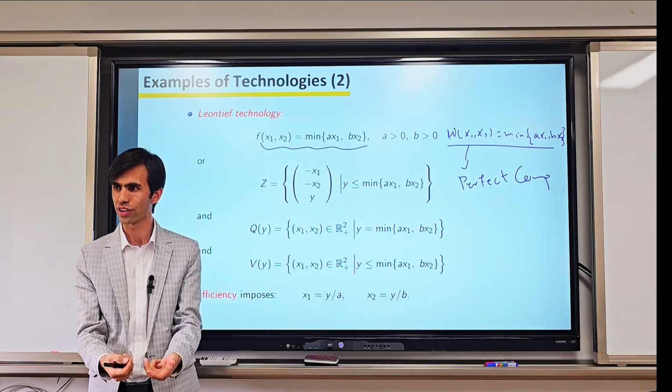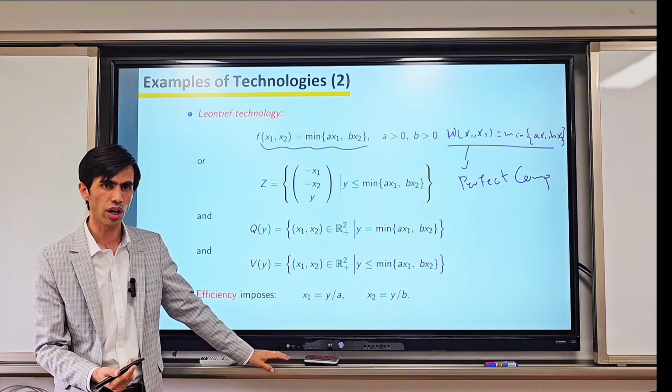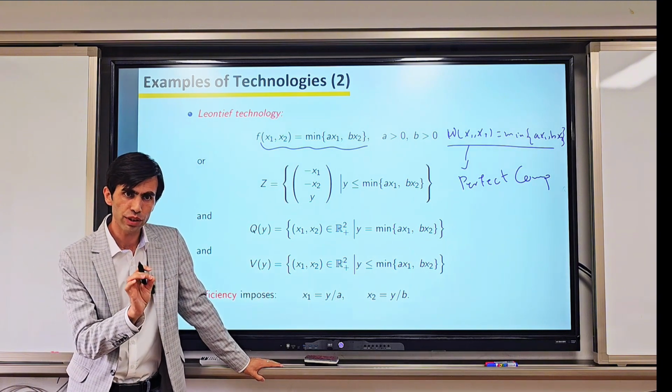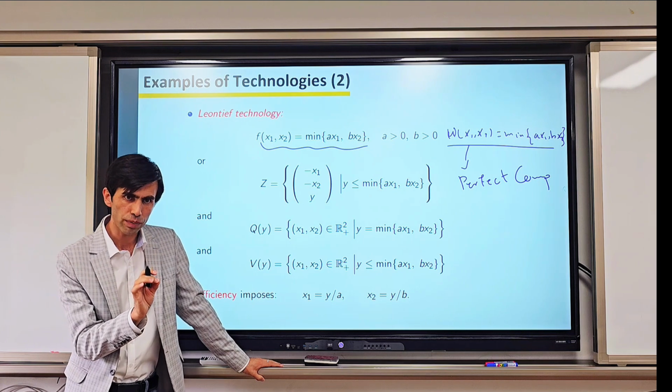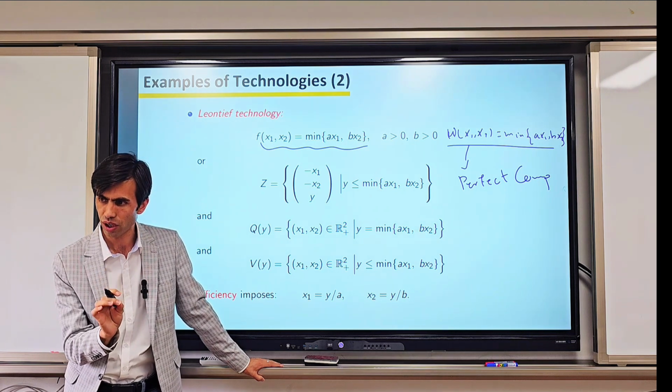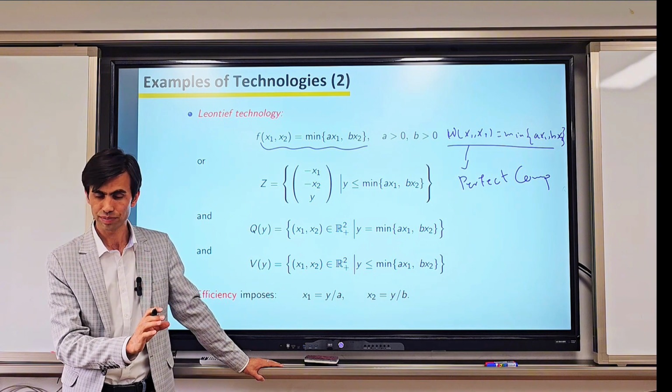When there's no tire, you cannot use the car. Here in Leontief technology, your inputs are also perfect complements. It means you cannot produce with only labor or only capital. You have to use both of them.